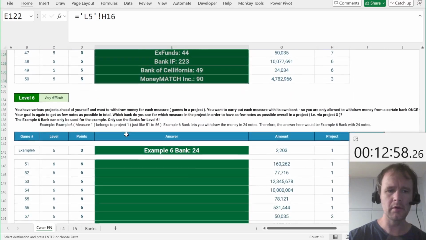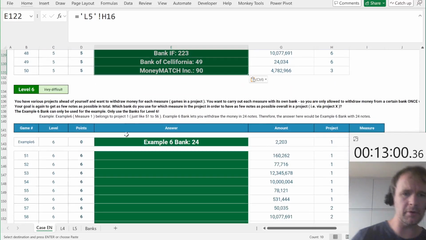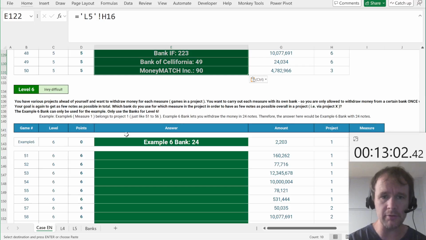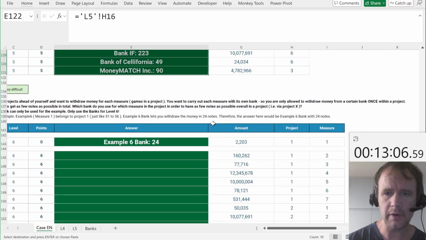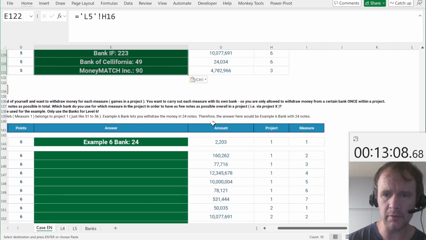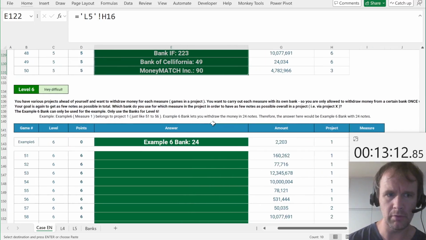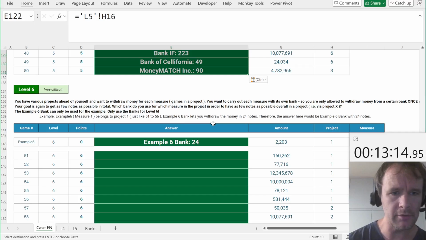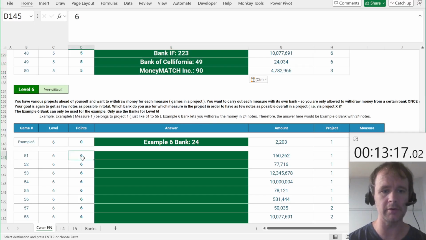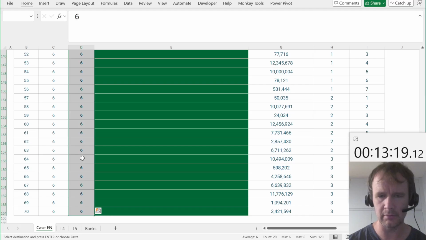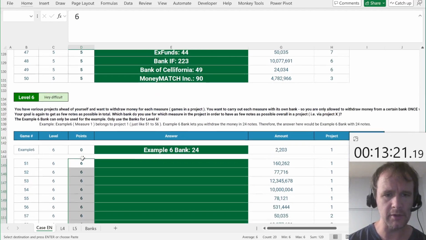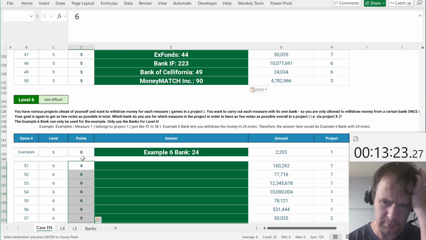Okay. Level 6. You have various projects ahead of yourself and want to withdraw money for each measure of games in a project. Okay. You want to carry out each measure with its own bank, so you're only allowed to withdraw money from a certain bank once. Goal is to get as few notes as possible. Oh my gosh, so you have to allocate the. Wait, hang on, 20. Seems like too many.